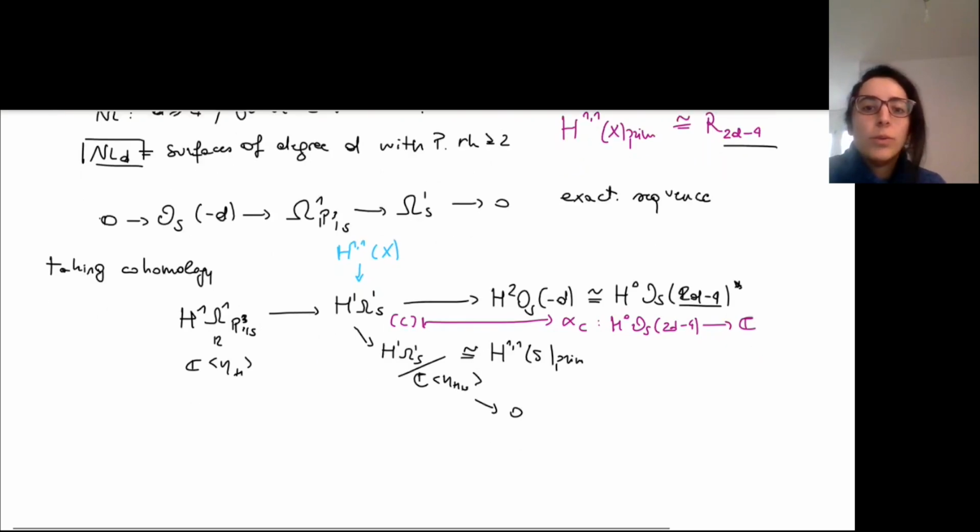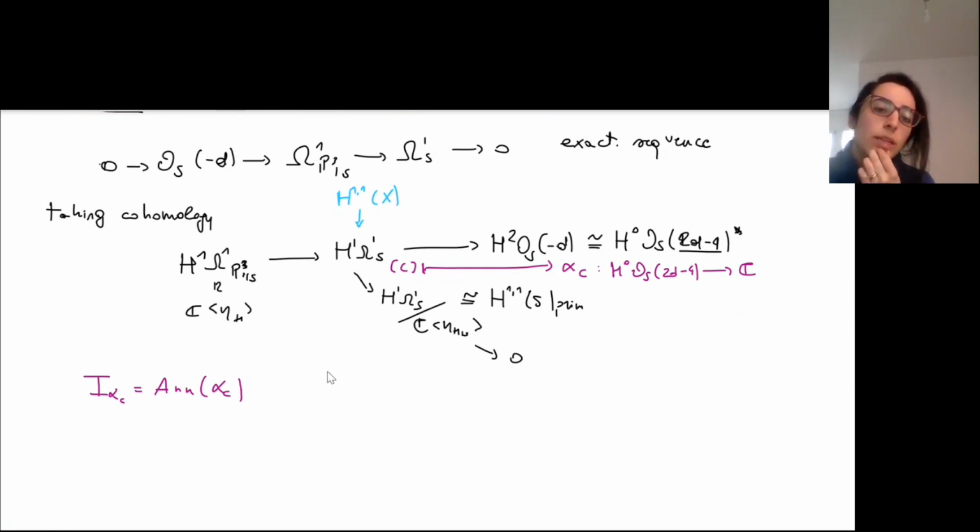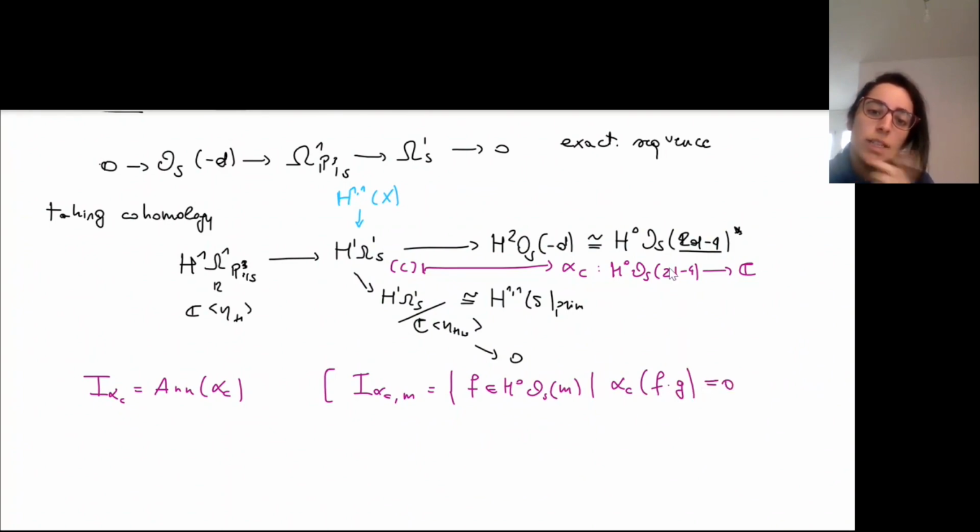So we define our E alpha C exactly as the annihilator of alpha C. The annihilator means exactly degree by degree: degree M are the polynomials in H0 of OS, so degree M such that F is in the kernel of alpha C. Clearly, we start from OS in degree M, so G should be in the dual with respect to 2D minus 4, so OS 2D minus 4 minus M. This is exactly the kernel, let's say the annihilator, of the linear form.